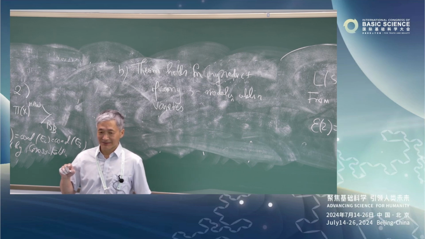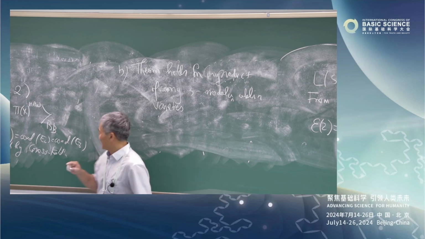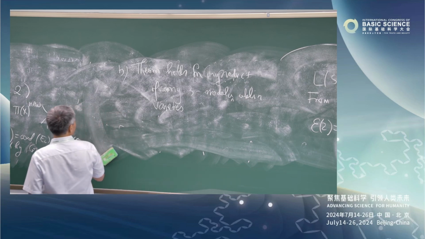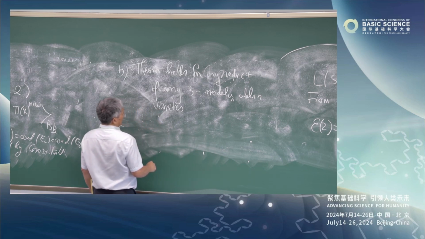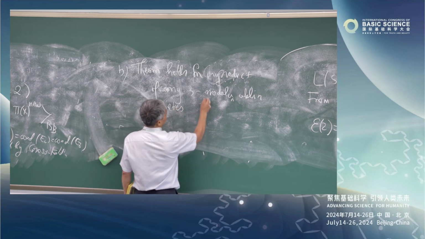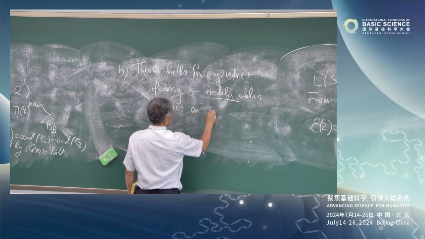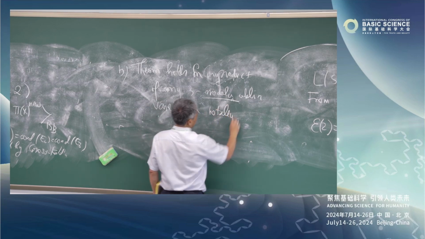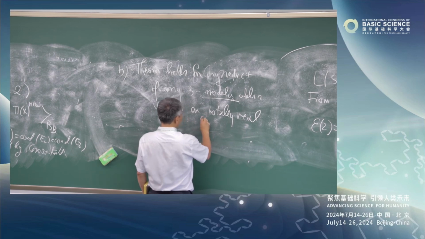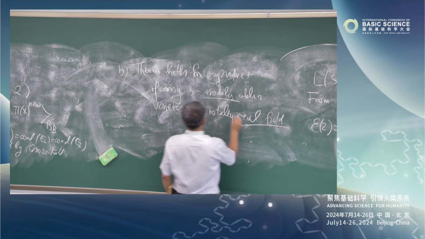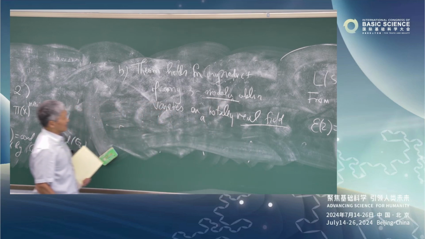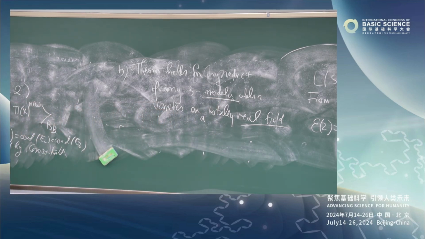In that case, you get a new construction of rational points. Let me finish this and I'll come back to your question. Again, modularity is a very important assumption here.